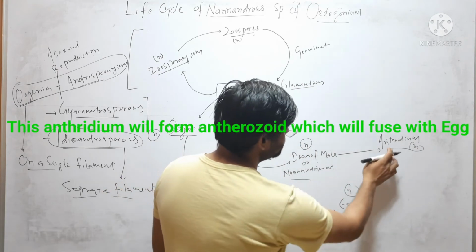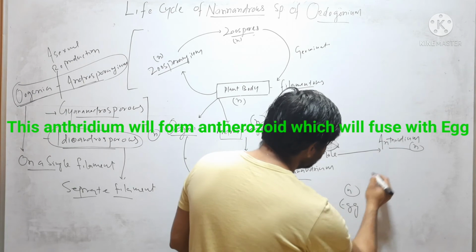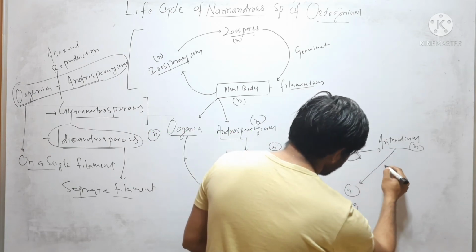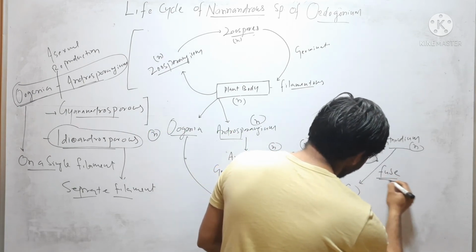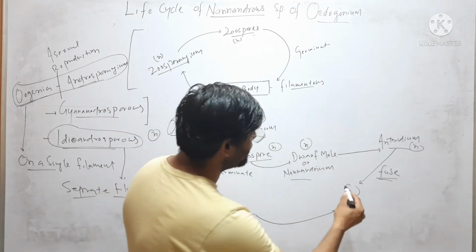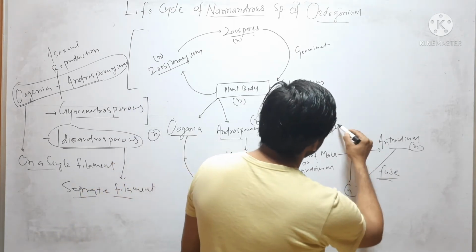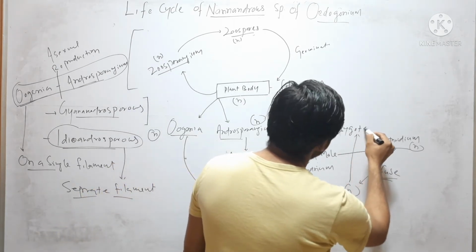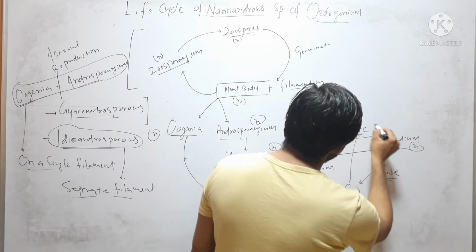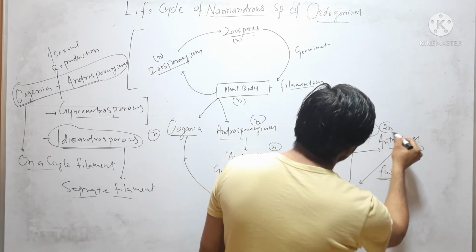This antheridium then will fuse with egg. It will fuse with egg and zygote will form. So this zygote here is 2n.